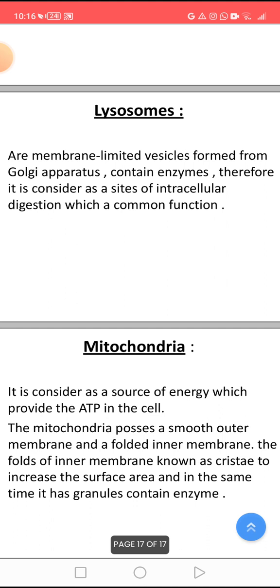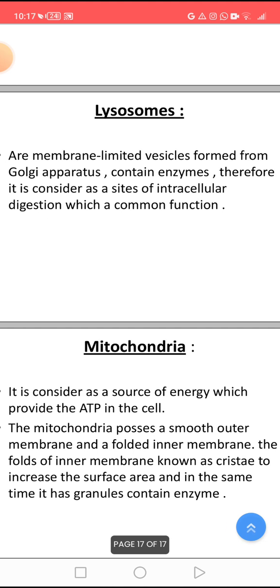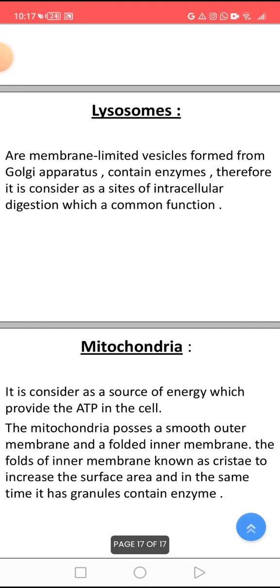Mitochondria are considered a source of energy, or we can call the mitochondria the powerhouse. Power is produced in the mitochondria. The mitochondria possess a smooth outer layer. We have two membranes in it, so mitochondria is a membranous organelle. This is important to know, but I will explain the structure.